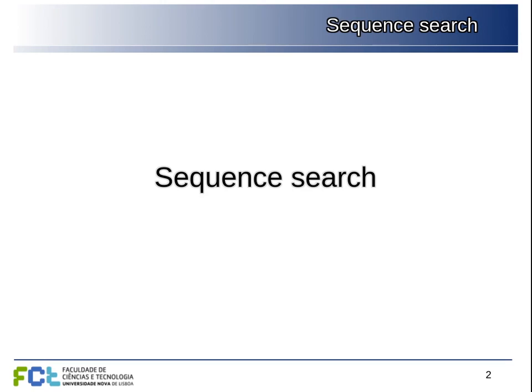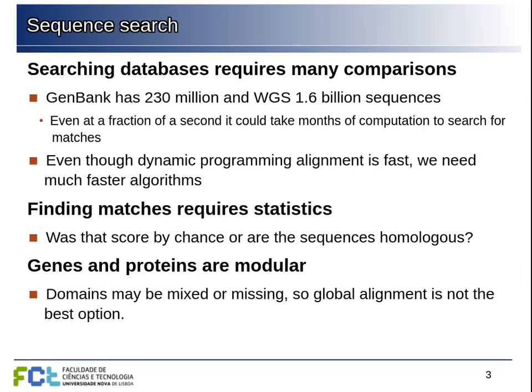So let's start with this problem of sequence search. One aspect of this is that in order to search for homologous sequences in a database, we will need to do many sequence comparisons. For example, GenBank has 230 million sequences.